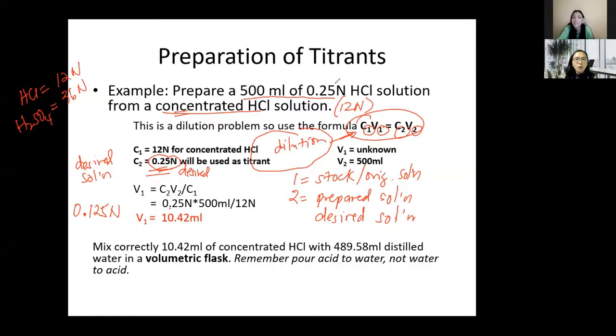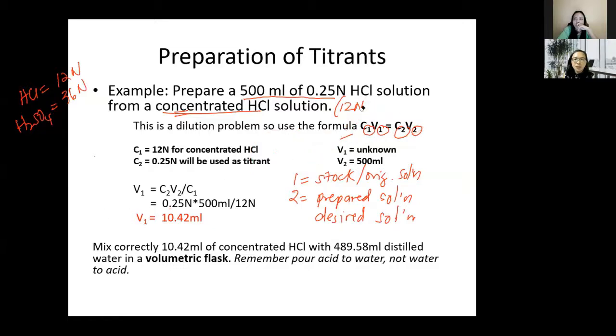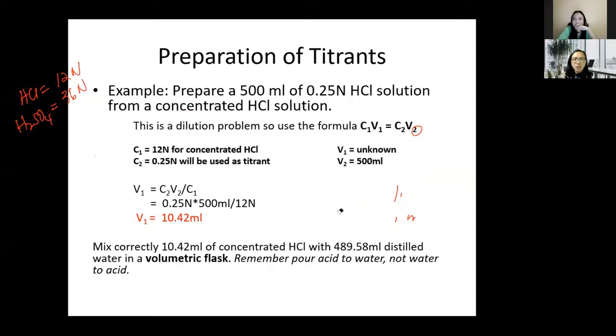Okay. Now, our question here is that, paano natin i-compute yung ating volume na kailangan. Okay, that's the V1. Yan yung kailangan natin na volume for our preparation. So here, again, ang gusto natin is we want to prepare 0.25. Okay.